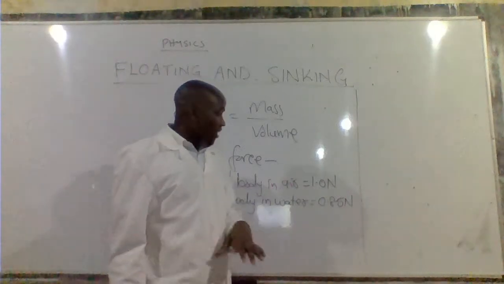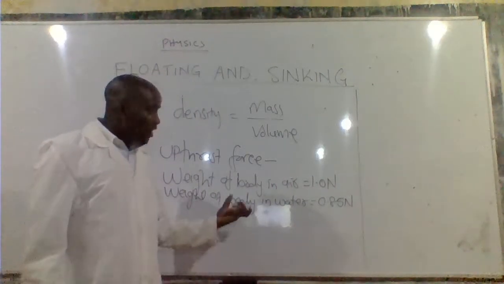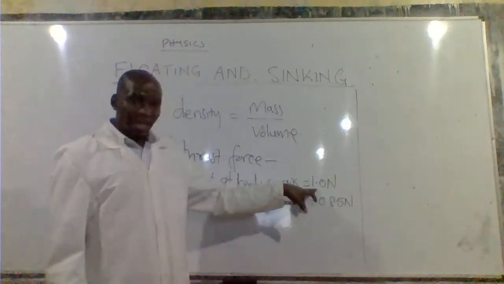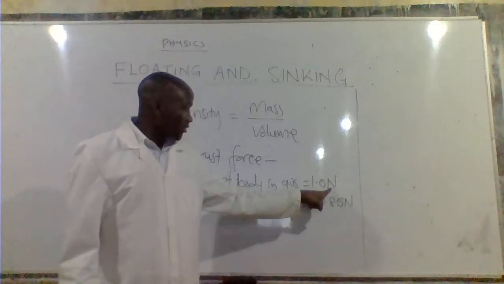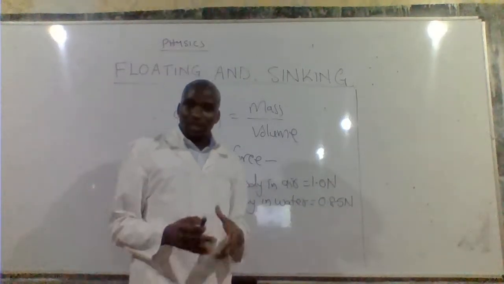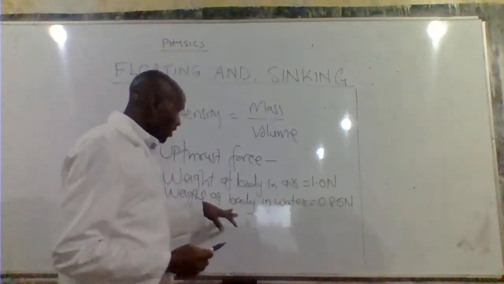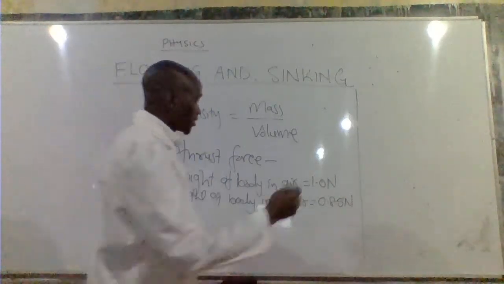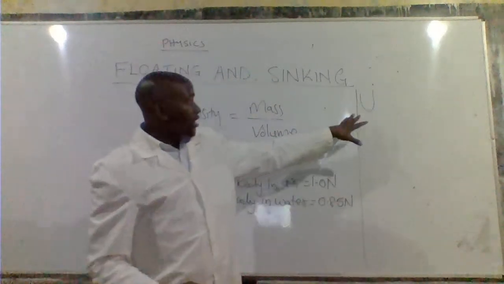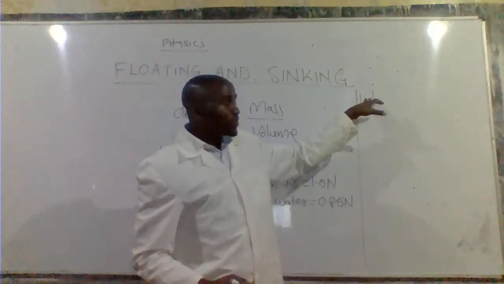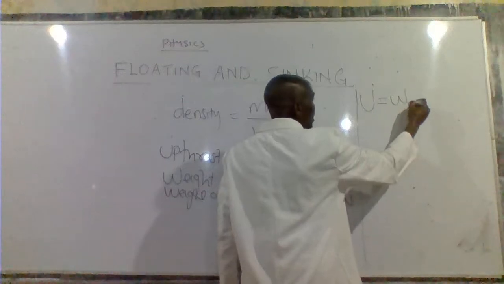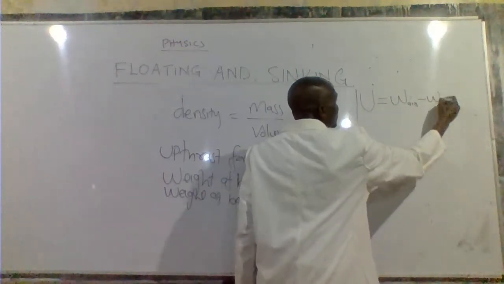Now, as you can see, this given body weighs less when it is immersed in water as compared to its weight in air. In air, it is 1.0 newtons, and in water, it is 0.8 newtons. I want us to get the difference between these two given values, which will give us the upthrust. We are going to represent upthrust with the letter U, which will now be given by weight in air minus weight in water.